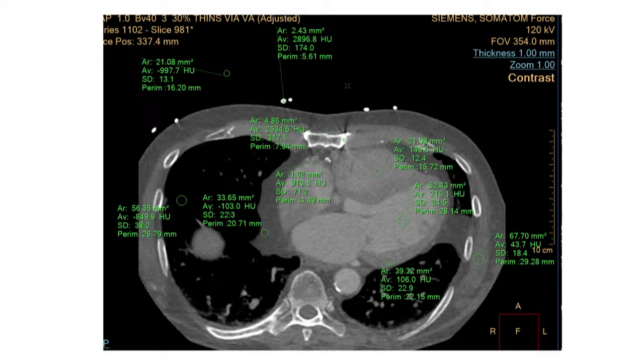There's bone, going to be positive. There's a little bit of contrast, going to be positive. And this is soft tissue, going to depend on whether there's a lot of fat or not. And this will be epicardial fat, which will be negative, like around minus 100. And soft tissues around 100 to 150, okay?